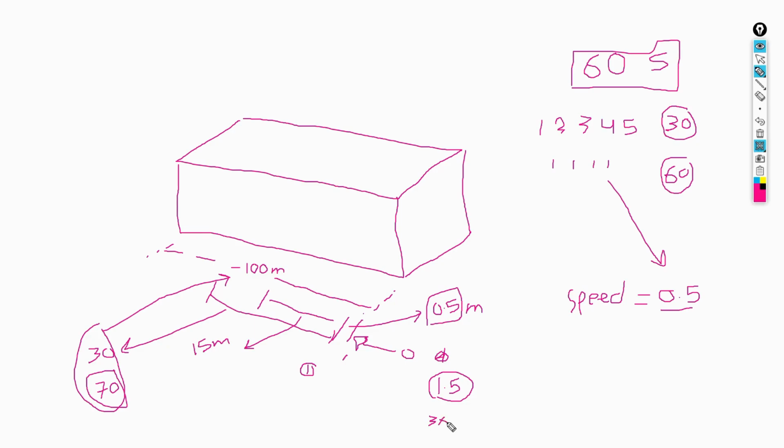For example, if you set it to 1.5 instead of 0.5, then at second 30 it will reach 45 meters instead of 15, and by the end of the 60-second cycle it will cover 90 meters.